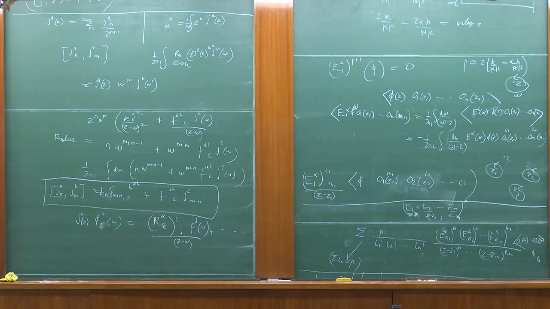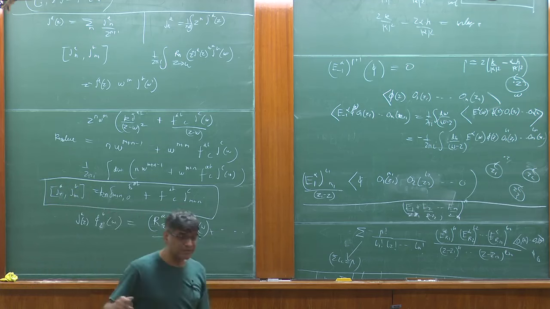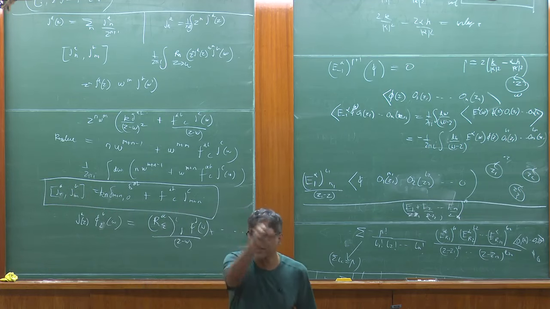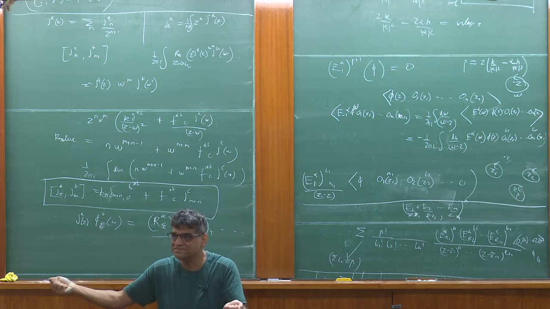So in the case that the representation was not integrable, this quantity is not 0. So the only way this equation can be obeyed is if the coefficient of this particular object is 0.